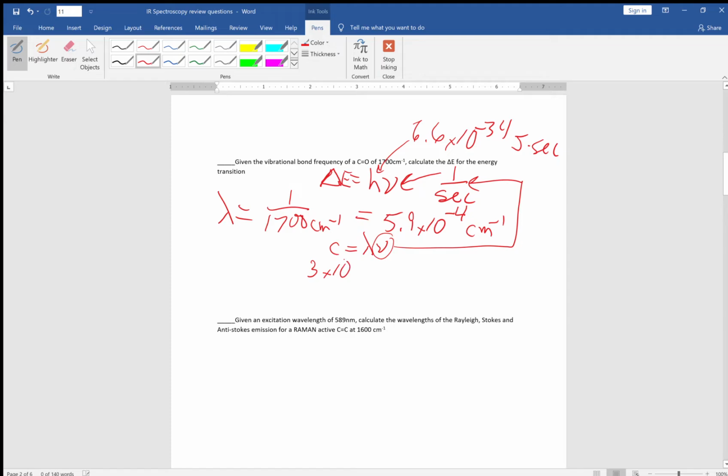Since we're working in centimeters, I will use 3 times 10 to the 10th centimeters per second as the speed of light. The wavelength is 5.9 times 10 to the minus 4th.